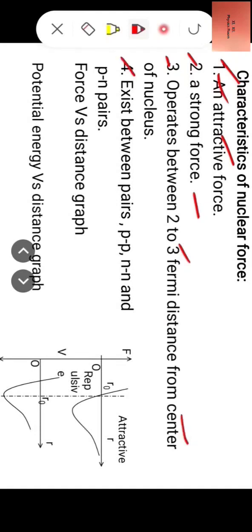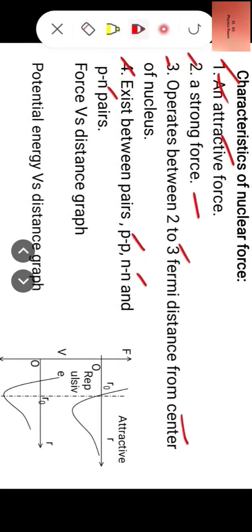Fourth, it exists between pairs: proton-proton pair, neutron-neutron pair, and proton-neutron pairs.